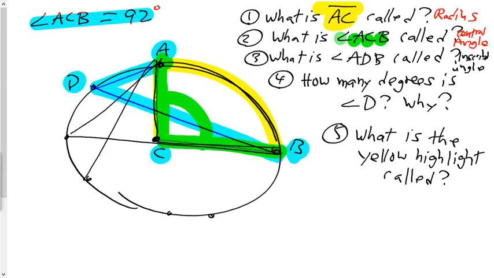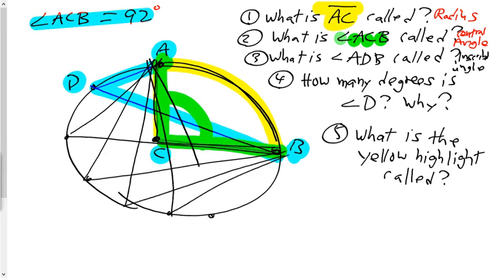And that inscribed angle will always be what in relation to the measure of the central? Always half as much. So if the central angle is 92, what's the measure? It will be 46 degrees. Why? Because inscribed angles are always half as large as the central angle. So this would be 46, this would be 46, this would be 46, and so on and so forth.